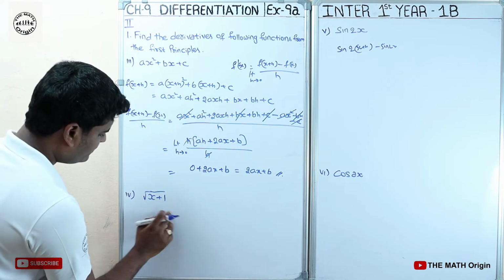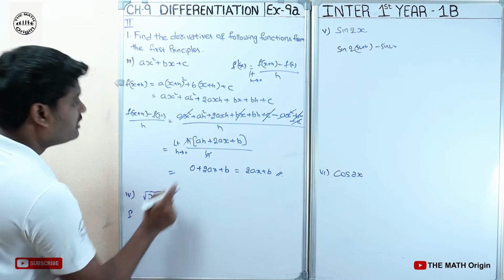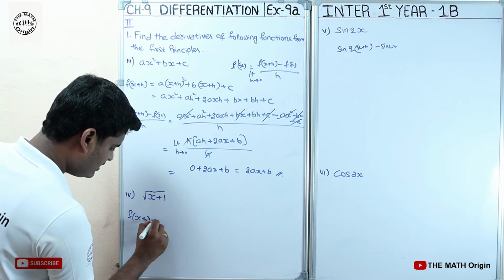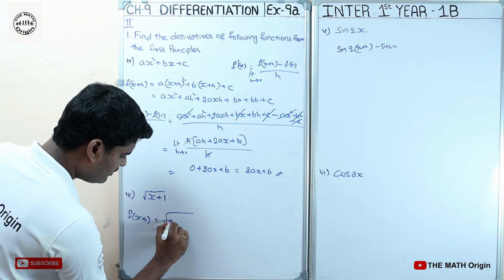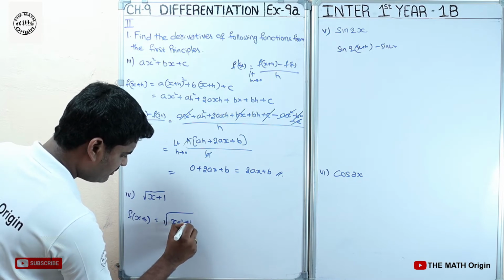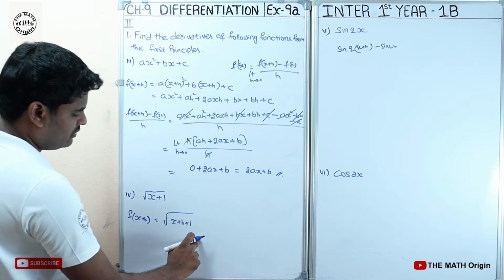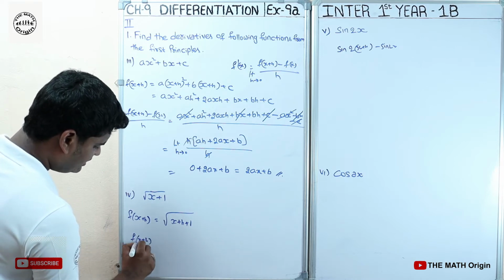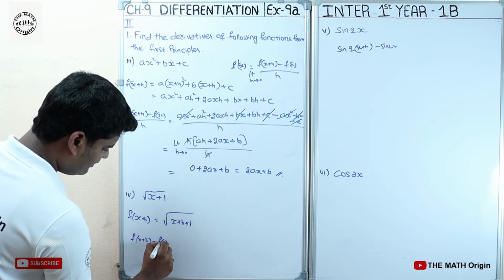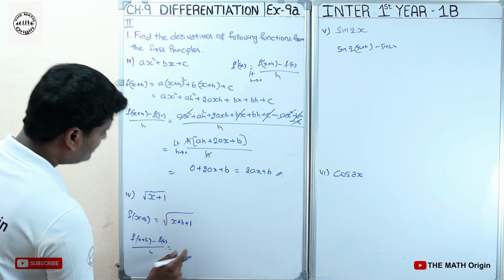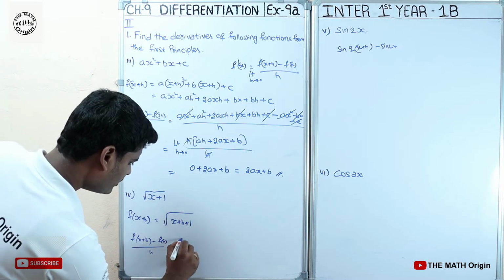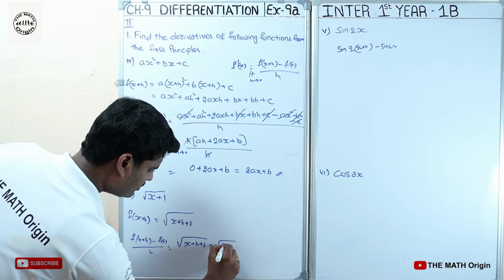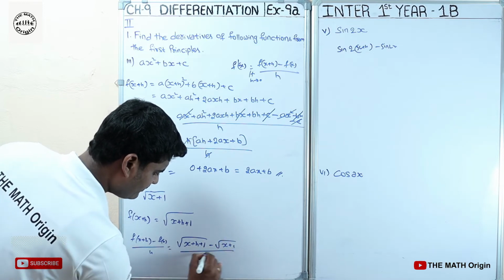Now fourth bit. Fourth bit also, let's first do f of (x plus h). Therefore that is equals to root of (x plus h plus 1). Now f of (x plus h) minus f of x by h, which is equals to root of (x plus h plus 1) minus root of (x plus 1), by h.